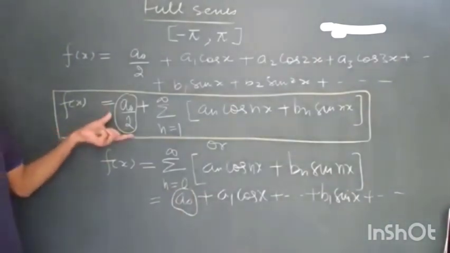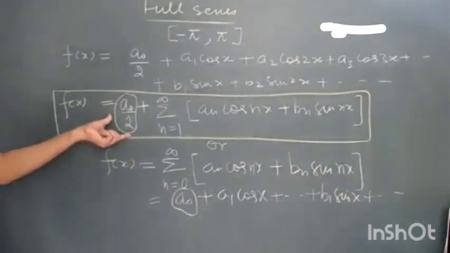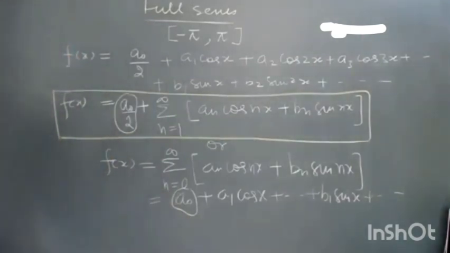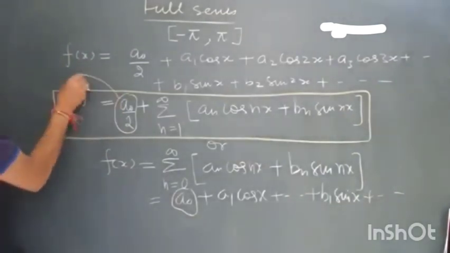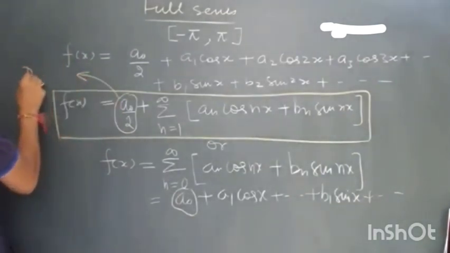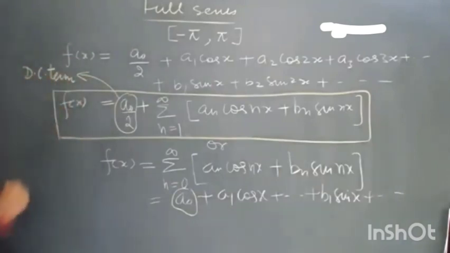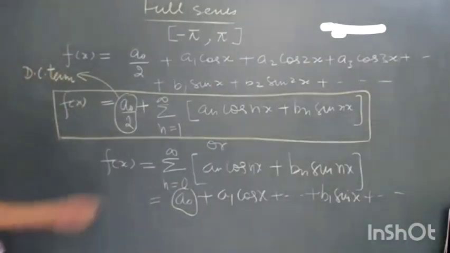So here the value of a naught by 2 and here the value of a naught both will be equal because that is the first term of the Fourier series. And this term is also known as DC term.